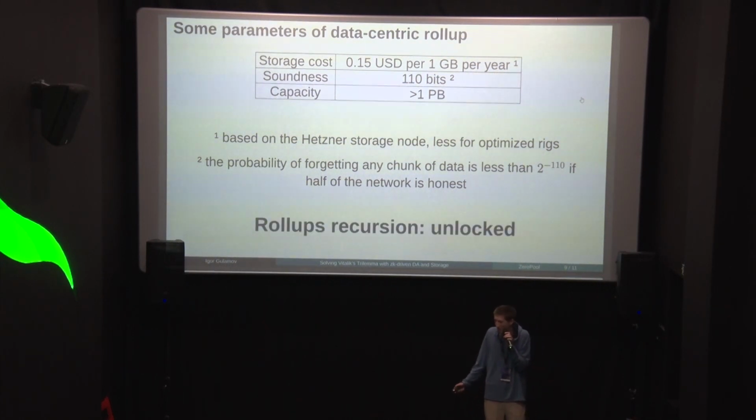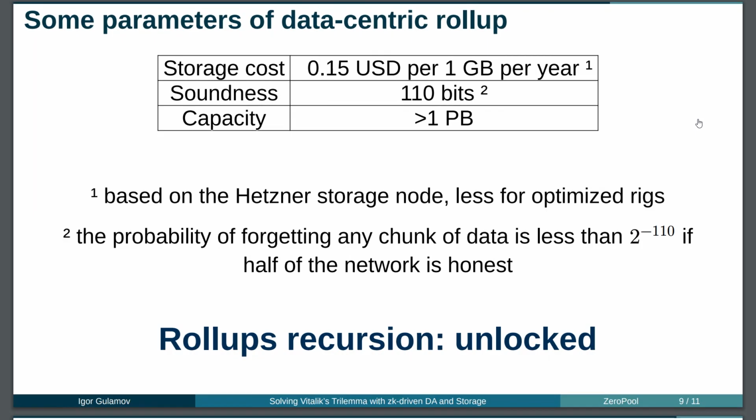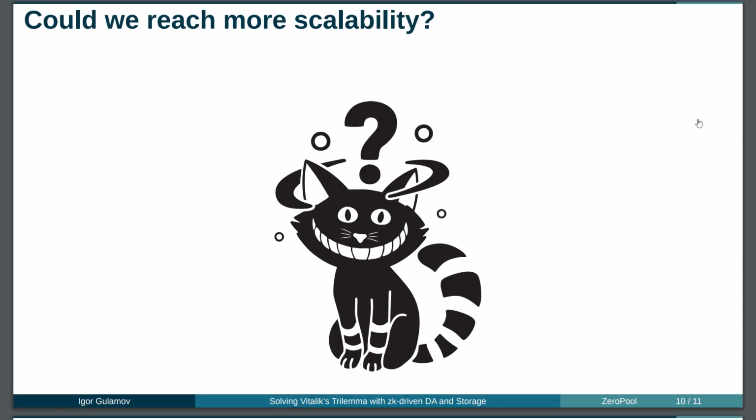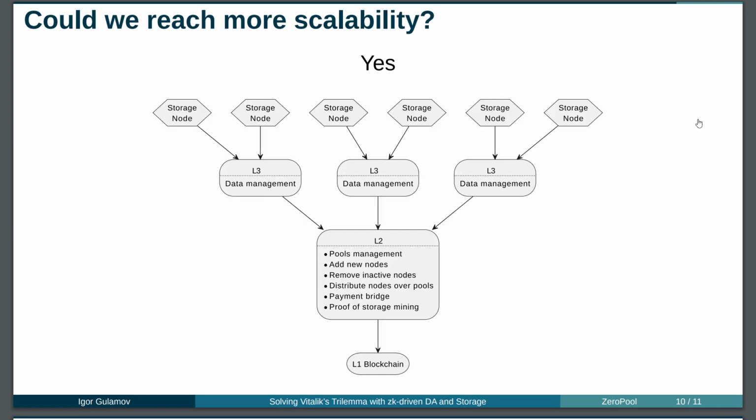So next, rollup recursion is unlocked. Next, could we reach more scalability? The single rollup instance capacity is more than 1 petabyte. But when rollup recursion is unlocked, it means that we can build ecosystem based on recursive rollups.